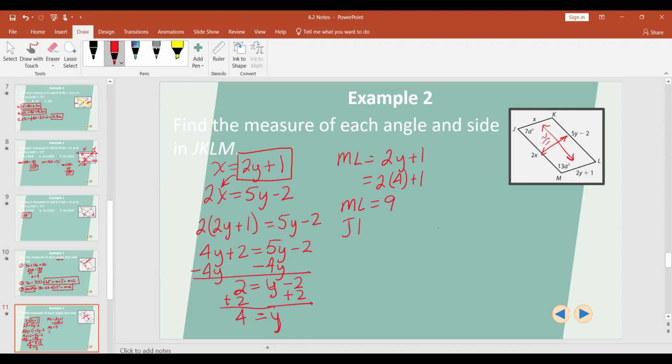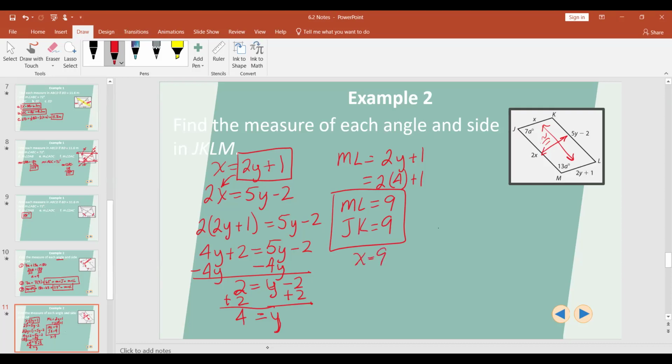So JK, which equals x, also equals 9. So that means x equals 9.